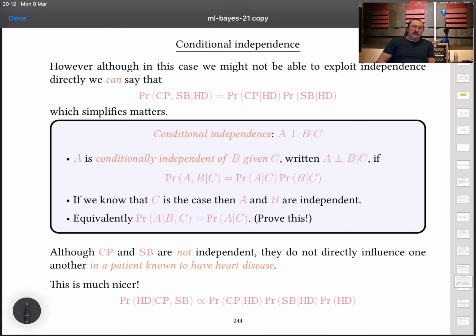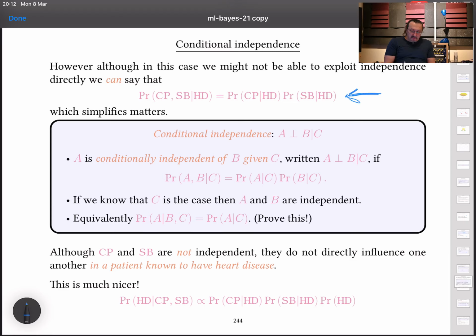But you can think, really, of the heart disease part as directly causing the chest pain and the shortness of breath. In probabilistic terms, this leads to the chest pain and the shortness of breath being conditionally independent given heart disease. And it means that we can write this.